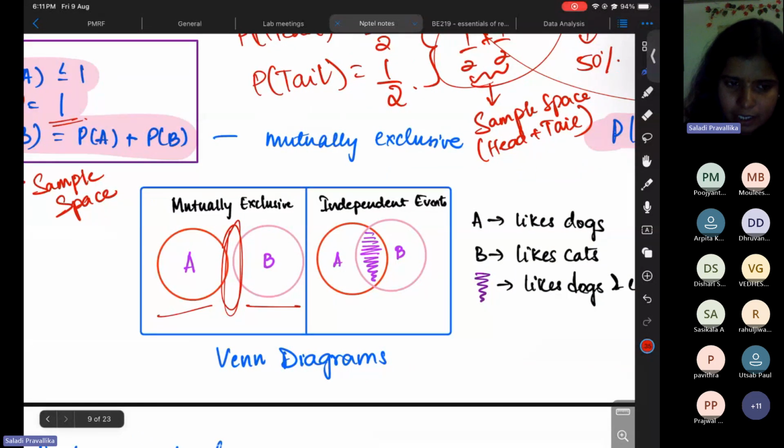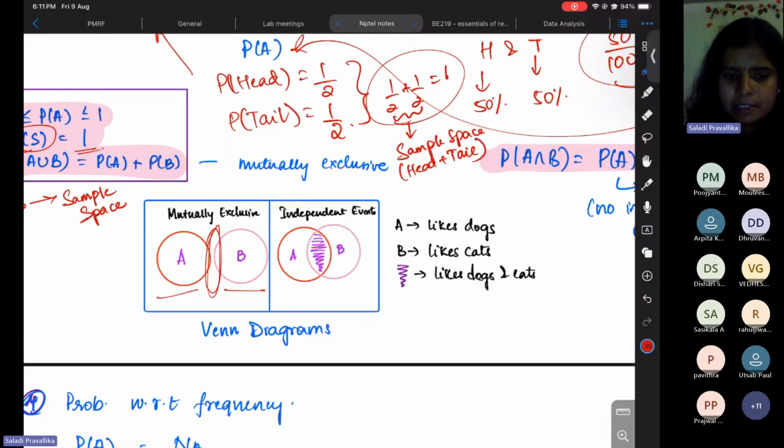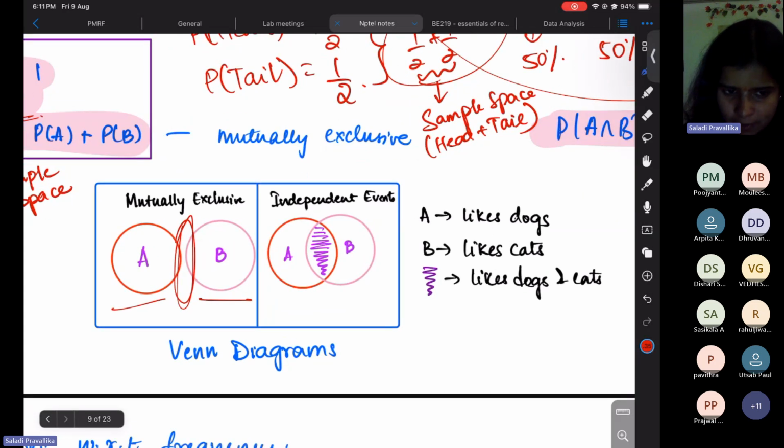And then if I'm taking independent events, so maybe in the same 10 people, I'm asking again, do you like dogs? Do you like cats? Maybe four told me they like dogs, four told me they like cats. Then two people told me they like both dogs and cats. So there is some overlap between both the likings. So those are called independent events.